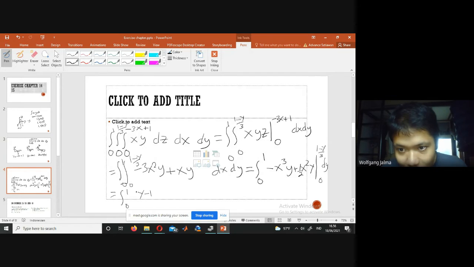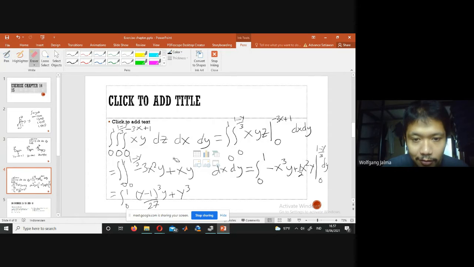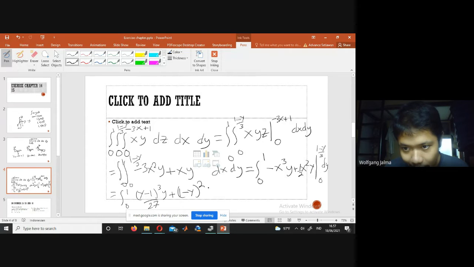One minus over 27 y plus y 3, 1 minus y square y over 2 dy.